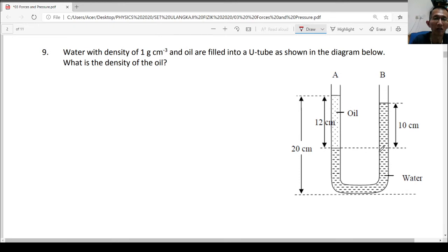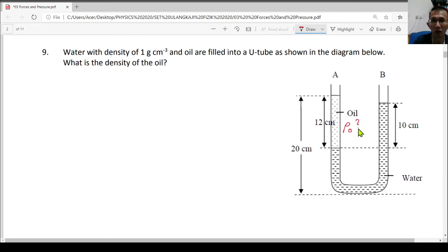Water with density of 1 gram per centimeter cube and oil are filled into a U-tube as shown in the diagram below, and we are to find what is the density of the oil. So I want to know what is the density of the oil.